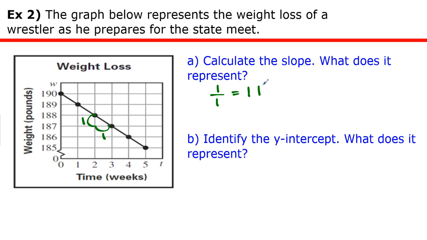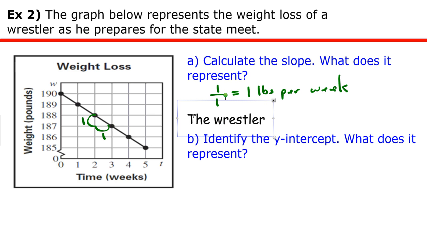It's 1 pound per week. So we can say that the wrestler loses 1 pound per week. And let me just write that in there because also that's a pretty good place to say. So let's say the wrestler loses 1 pound per week.